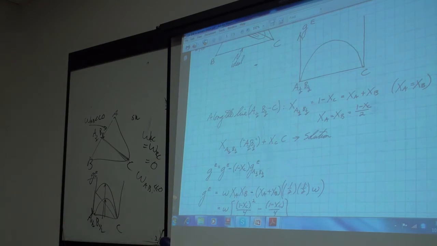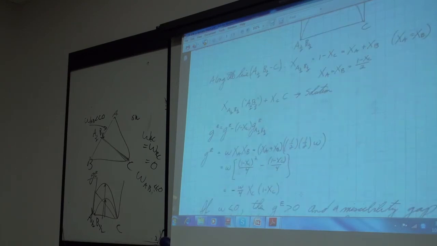So this is the Gibbs energy in the ternary system, omega XAXB, minus the excess Gibbs energy in the binary system at 1/2 times 1 minus XC. Think about it, and you end up with GXS along that line equal to minus omega over 4 times XC times 1 minus XC.